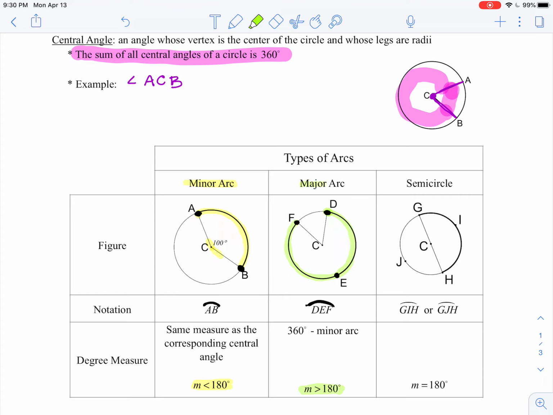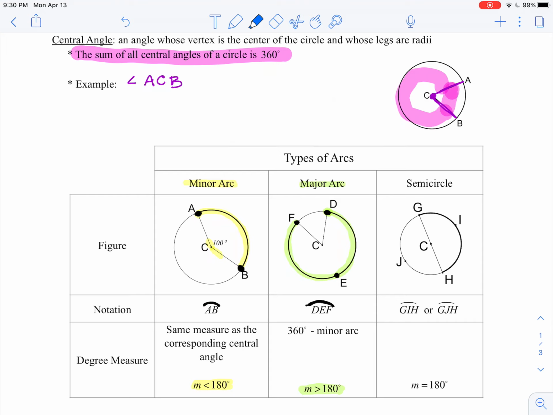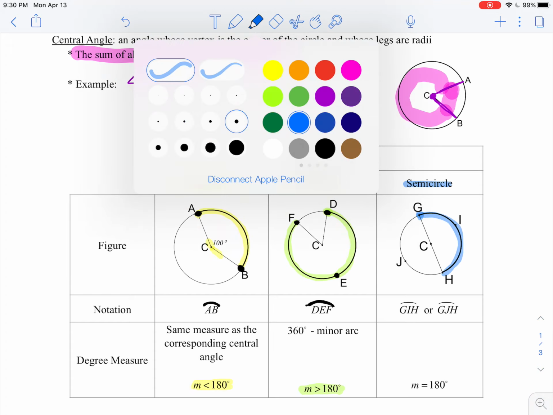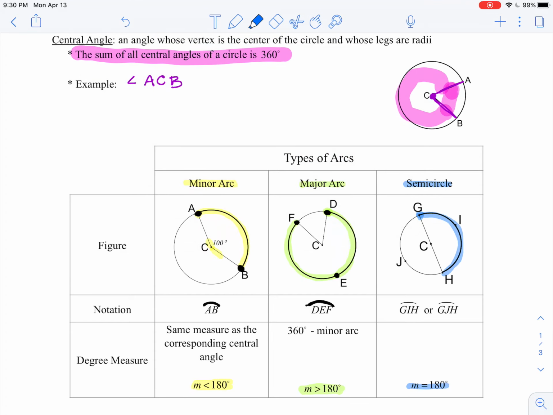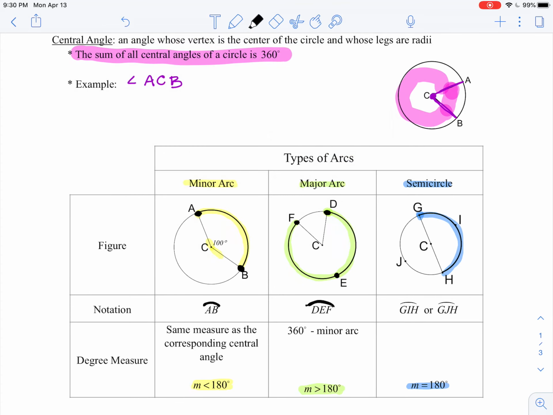And then the last type of arc you should be familiar with already is a semicircle. A semicircle is exactly half of a circle. Here I've highlighted one of the semicircles. And this gets named the same way that a major arc gets named. So that we know which half of the circle that we're focusing on, we give a starting point.